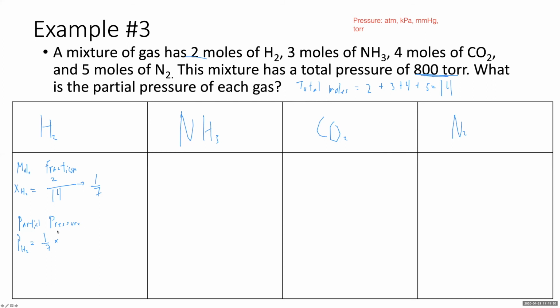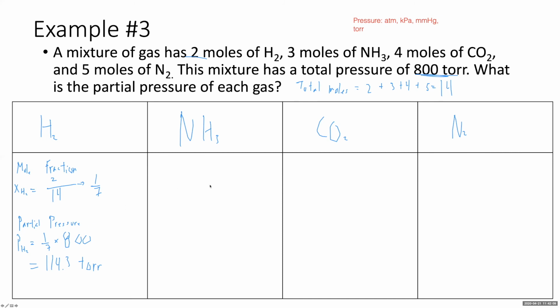So 1/7 multiplied by 800, and your answer is going to be 114.3 torr for hydrogen.